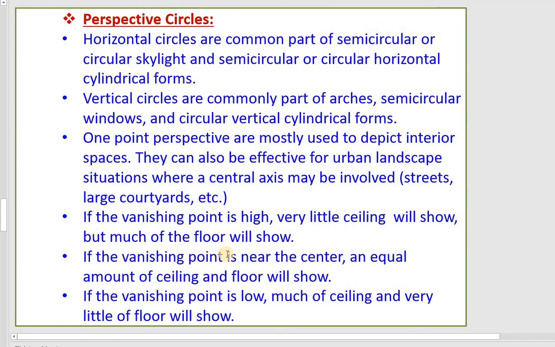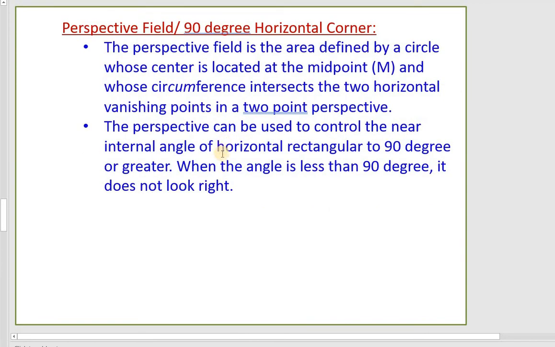If the vanishing point is near the center, an equal amount of the ceiling and floor will show. If the vanishing point is low, much of the ceiling and very little floor will be shown. This is some of the definition for 2-point perspective when you look at the projects.